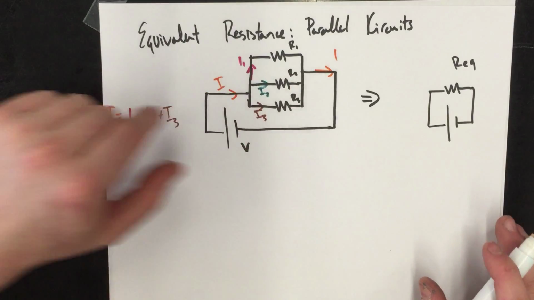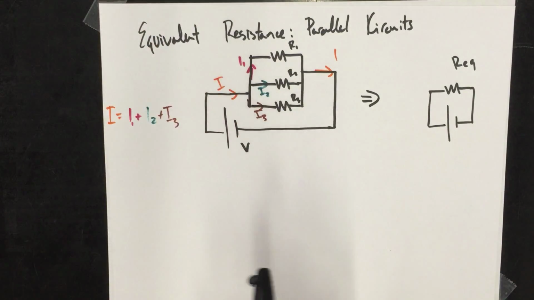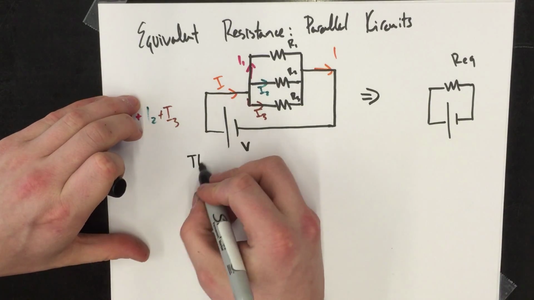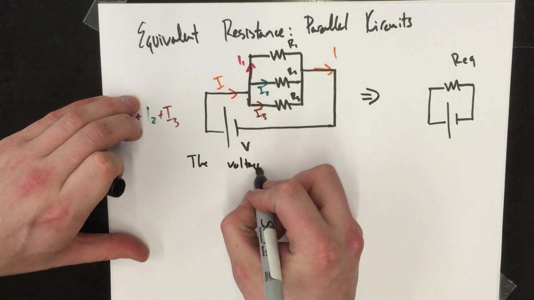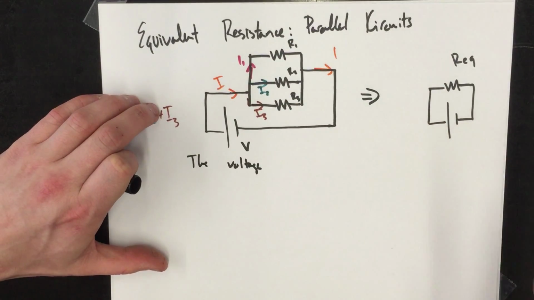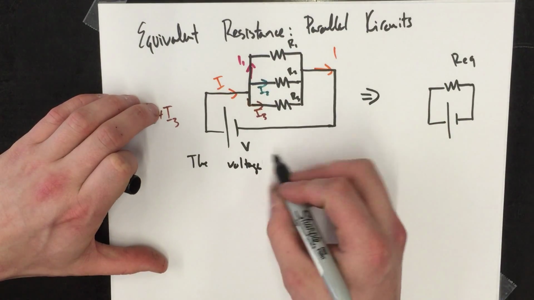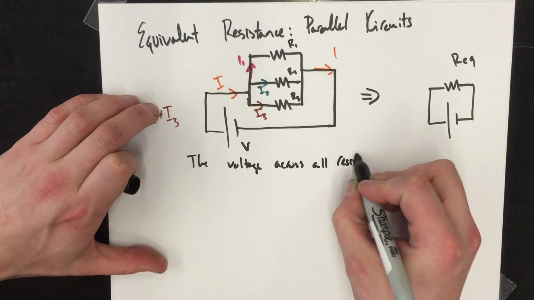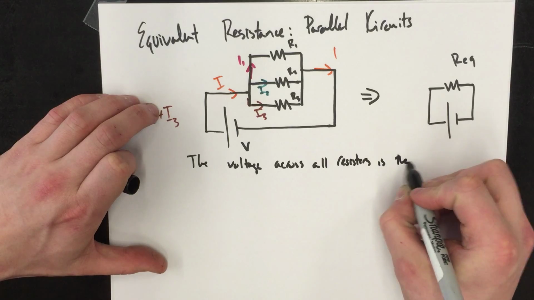But in parallel circuits, the thing we know to be the same, though it's not the current, is the voltage. The voltage across all resistors in this parallel section is the same.